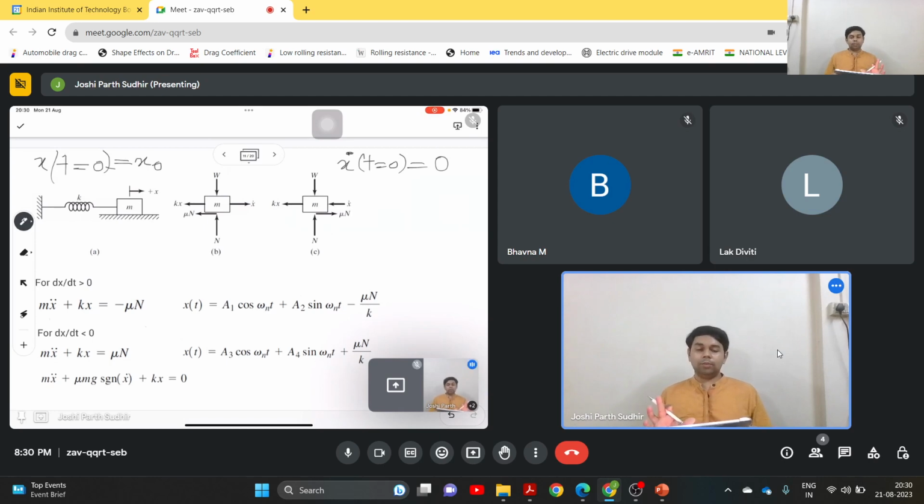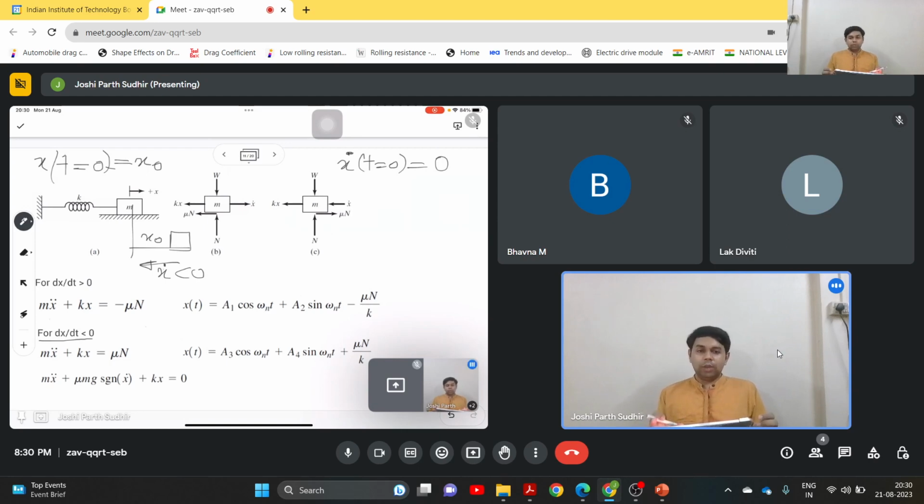Just after releasing the block from rest, it acquires some small initial velocity. So we are basically starting from somewhere over here. This is x naught, and then it will acquire some velocity in this direction. So we will be looking at this part of the solution for dx by dt less than 0. So here x dot is negative.